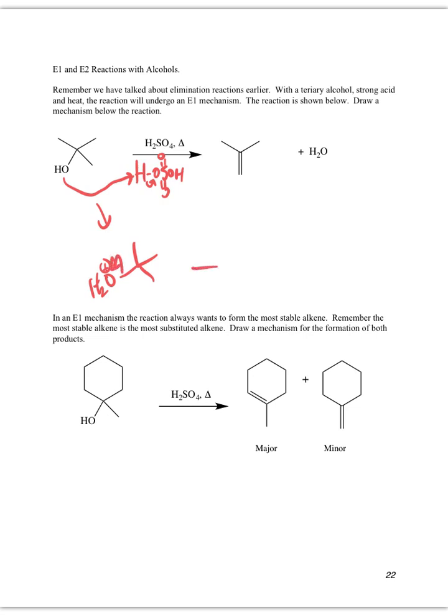We can kick it out to make the cation, and then our best base in solution, water, can come in and grab a hydrogen. In this case, it doesn't matter which hydrogen we go for because they're all the same. Pull off a hydrogen to form the alkene, and we've drawn an E1.